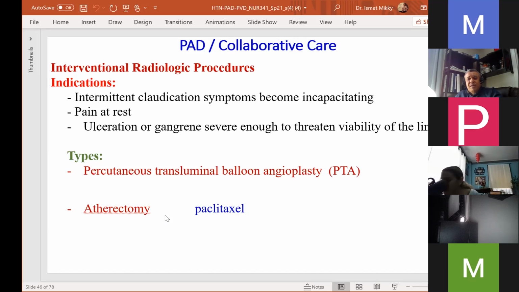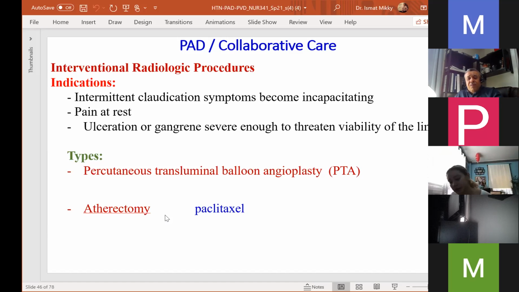It's called percutaneous transluminal balloon angioplasty, which involves the insertion of a catheter through the femoral artery. The catheter contains a balloon, and the balloon will be inflated to dilate the vessel by cracking the atherosclerosis against the intimal wall of the blood vessel, so we can increase the size of the lumen.